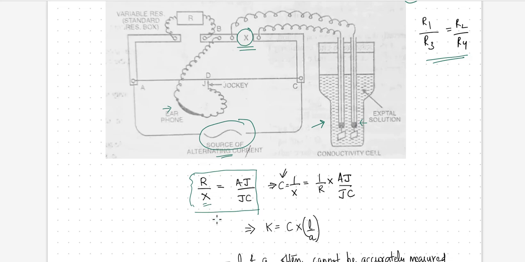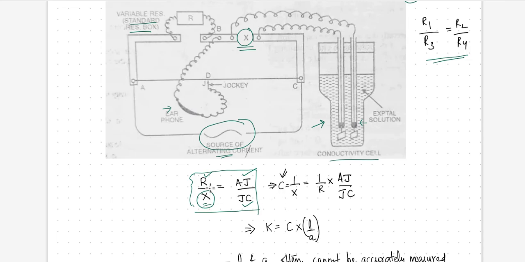So you get the expression R upon X is equal to AJ by JC. The lengths AJ and JC you can measure, and R is a variable resistance from a standard resistance box, so you know its value. The only unknown is the resistance of the conductivity cell.